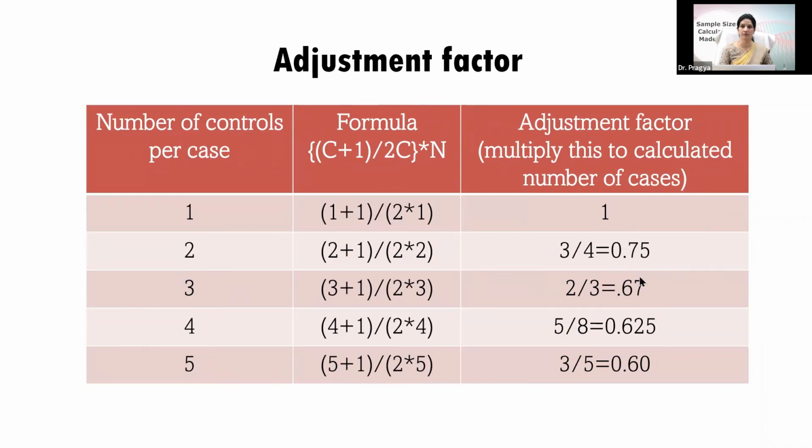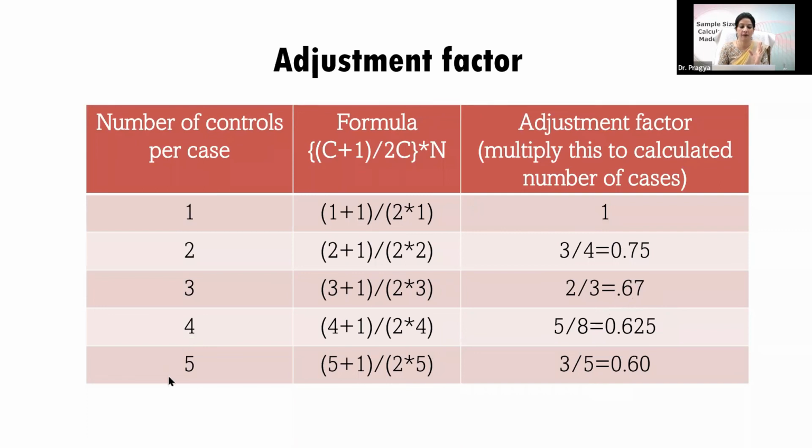Did you get it? Okay, ma'am. That sample size is only for cases. Whatever I'm discussing is for cases. To put it another way, if you take 4 controls for one case, you can reduce the number of cases by 62%.